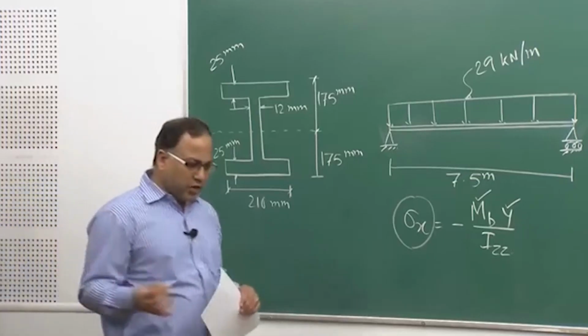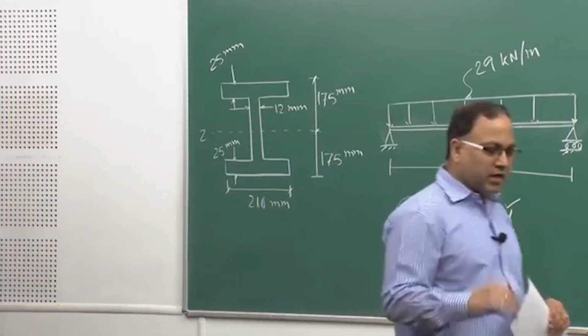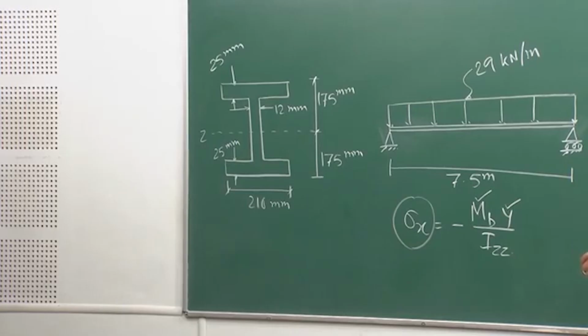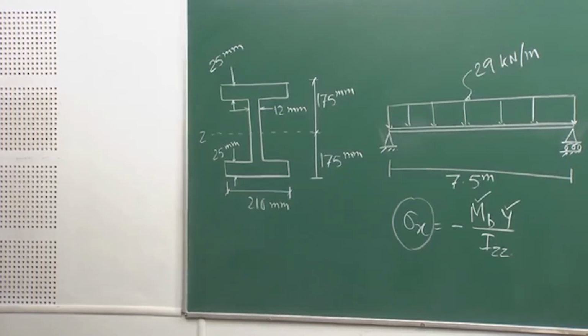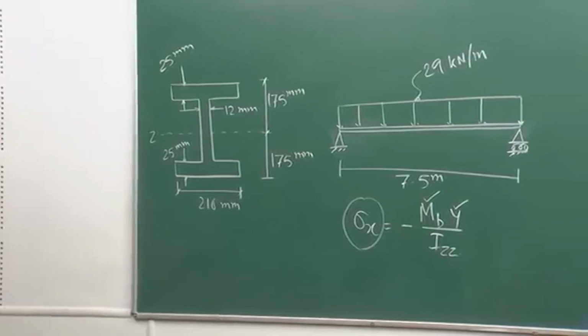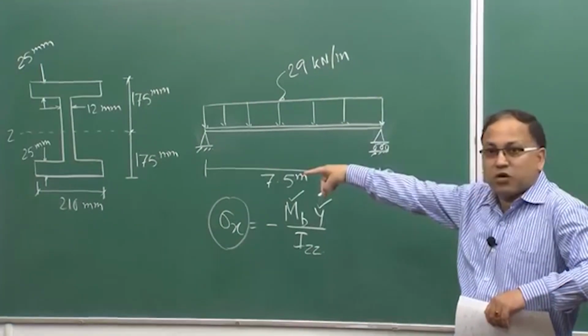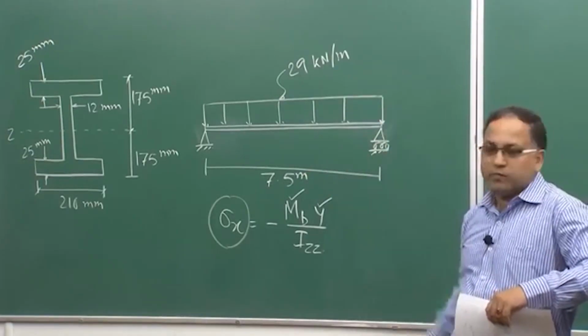Depending on that you will get tension or compression, but that is a different thing. We are talking about the absolute maximum bending stress, whether it is compression or tension is not a matter of concern. So, y has to be maximum. As I told you, it should be either the extreme top surface or the extreme bottom surface, then y will be maximum.